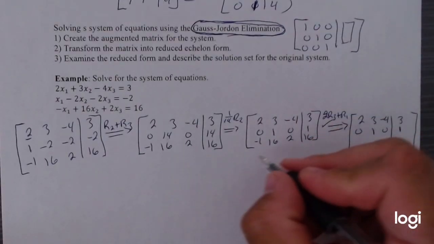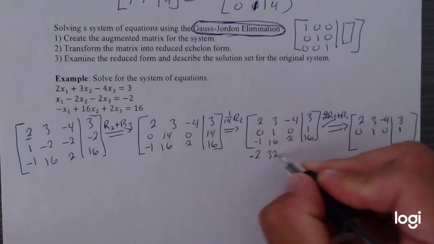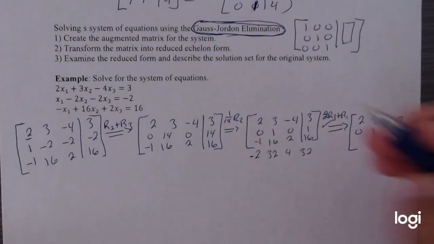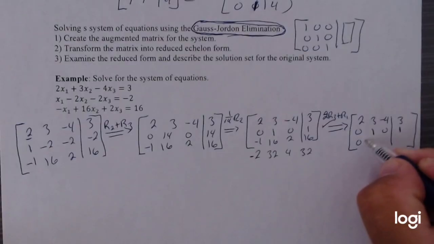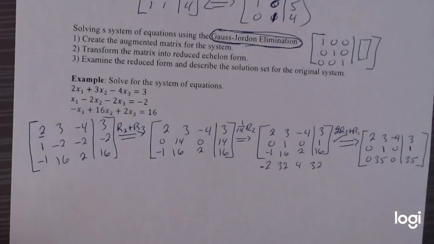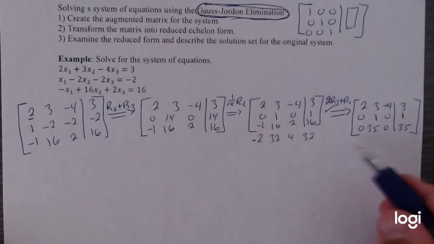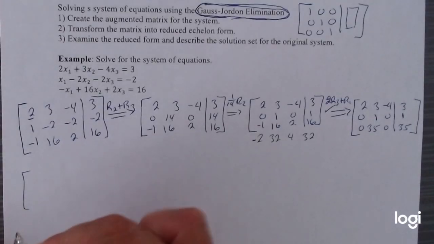So if I multiply this by 2, it'd be negative 2, 32, 4, and 32. And if I add it, oh, would you look at that? That also is pretty much done. So I'm just going to divide row 3 by 35, and that also now gives me the middle one.